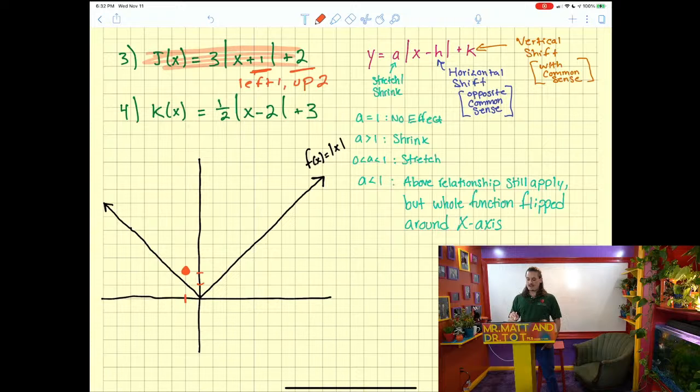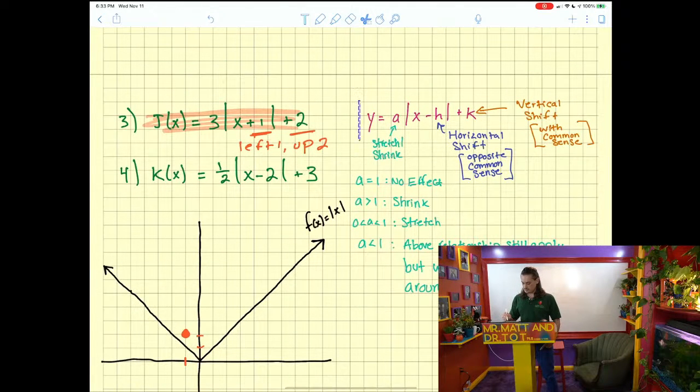Now I have an a value of 3. So what I can do is write out a little table. My vertex occurs at x equals negative 1. So I'm going to pick 2 points to the left and the right of negative 1 in order to test where this function actually lies, so I can connect the dots and draw a sketch.